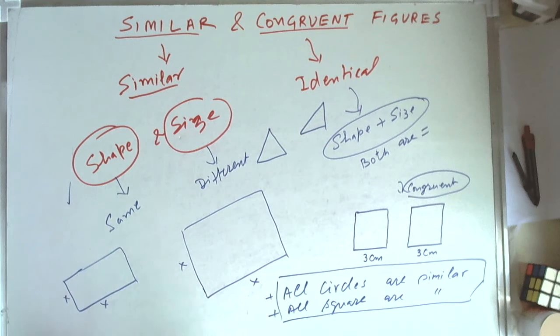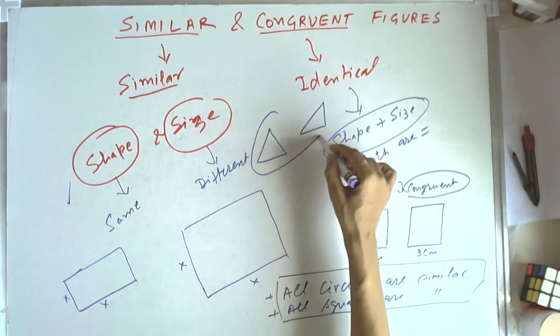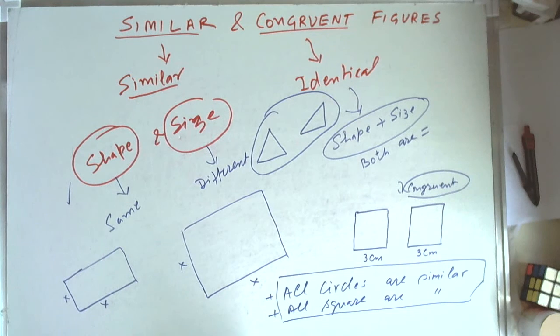So anything which is not similar cannot be congruent. All figures which are congruent will always be similar, but the other way is not true. Anything which is similar may or may not be congruent. In this case, we can see that these two triangles are very different in shape.